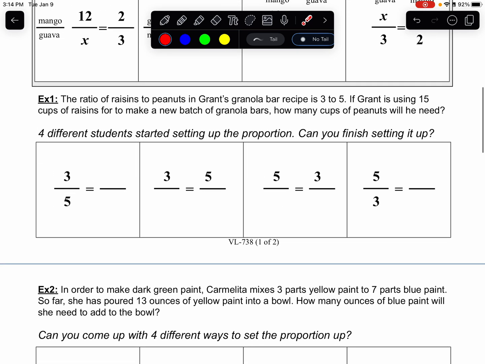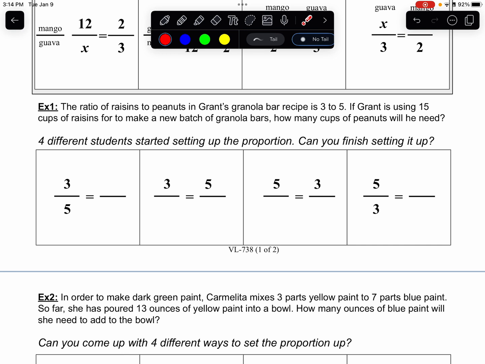Example 1 says the ratio of raisins to peanuts in Grant's granola recipe is 3 to 5. So it looks like the ratio is 3 raisins to 5 peanuts, right? So it's going to be 3 raisins, 3R, to 5 peanuts. I'm going to say 5P for peanuts.